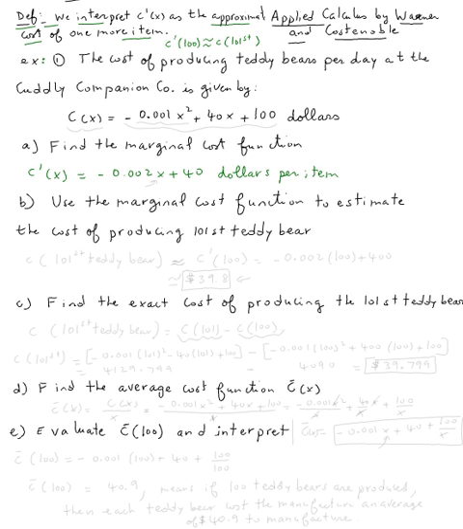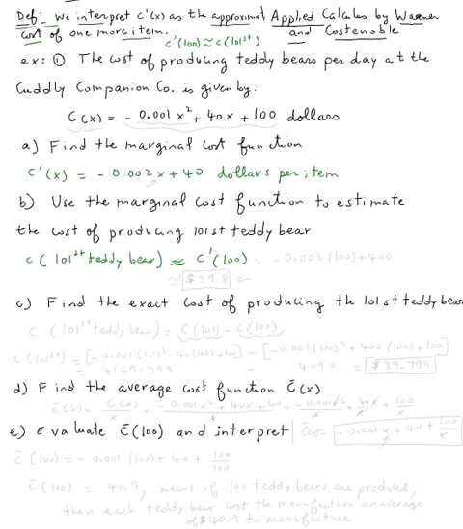So the cost of the 101st teddy bear is almost equal to C prime of 100.